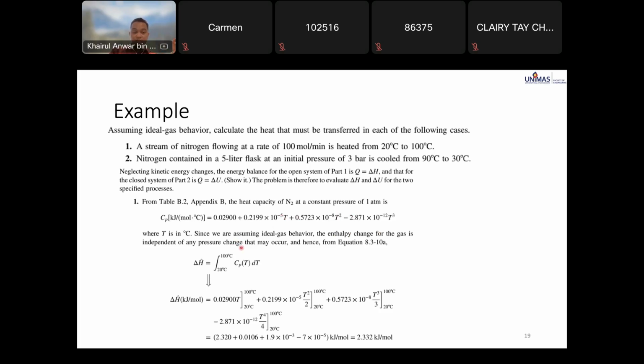Since we are assuming ideal gas behavior, delta H is equal to this expression.